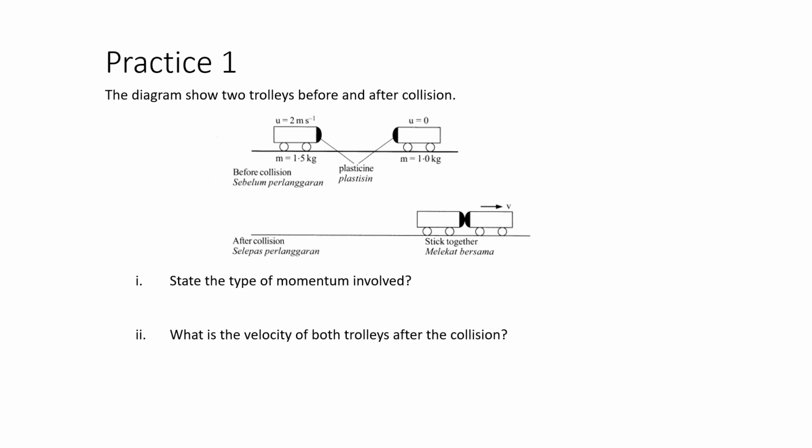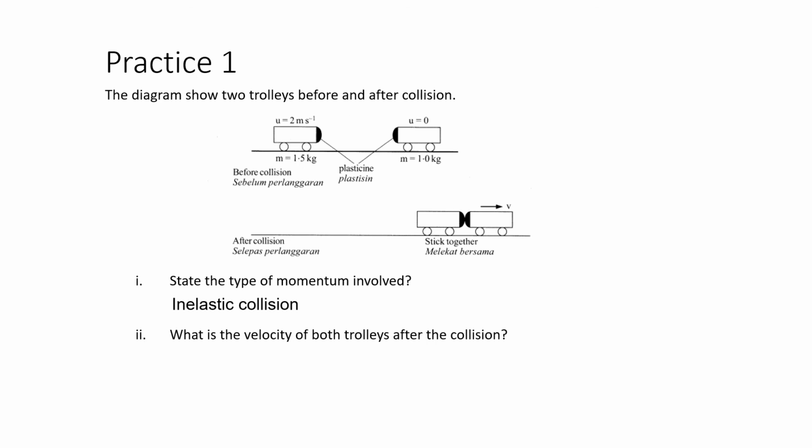Okay, first, state the type of momentum involved based on the situation given. The answer is inelastic collision. It is because they stick together after the collision. Next, what is the velocity of both trolleys after the collision?